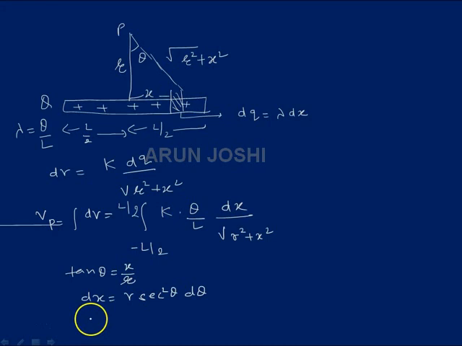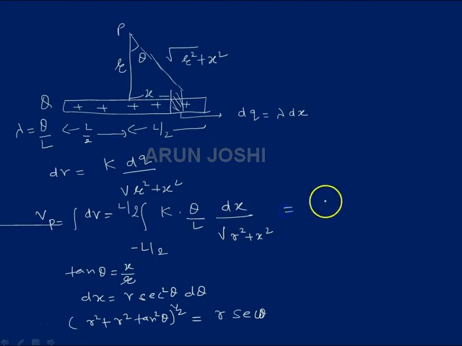And what is the value of root r square plus x square? r square plus x square is nothing but r square, 1 plus tan square theta, which is r square sec square theta. Half power is there, so it is r sec theta.